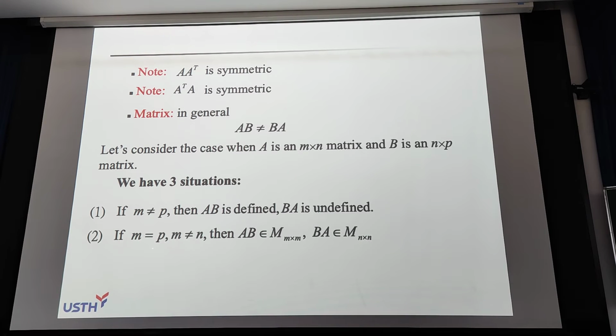Even if M equals P, but M and N are different, then in that case you can multiply B by A. But by definition, A multiplied by B will be of the size M by M, but B multiplied by A will be of the size N by N. Then AB and BA are matrices of different sizes, because M and N are different.